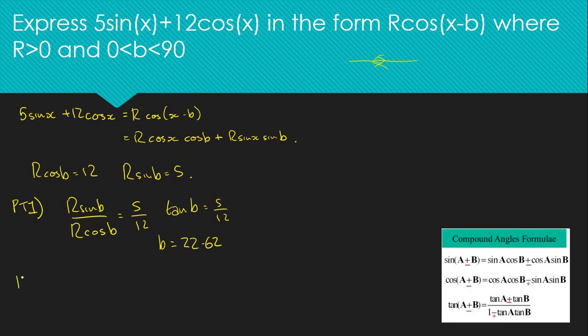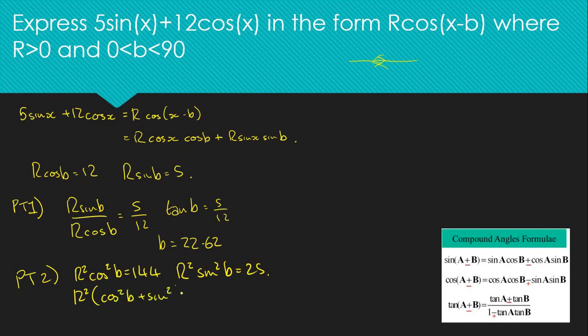All right, part 2 was r squared cos squared b equals 144, and r squared sine squared b equals 25. Add the left to the left, add the right to the right, and we'll find that r squared, lots of cos squared b plus sine squared b, is equal to 169.